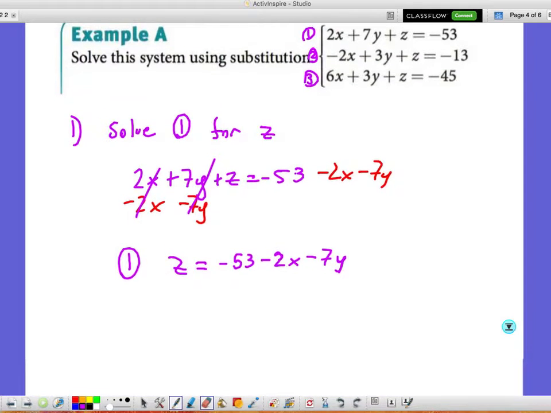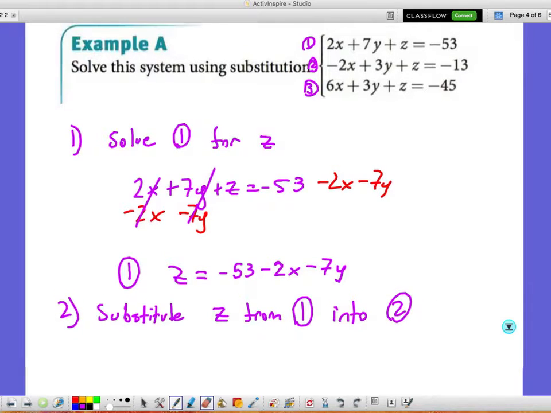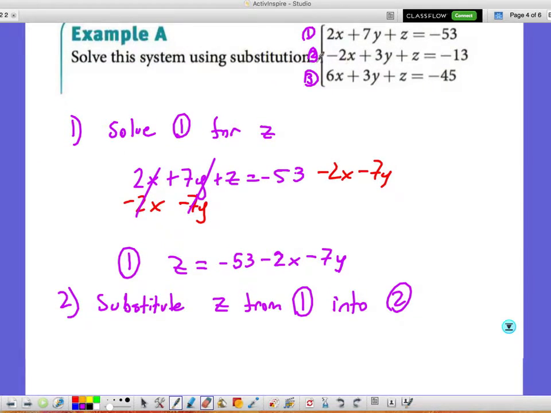Alright, second step: substitute z from equation 1 into equation 2. Here's equation 2: negative 2x plus 3y plus z.